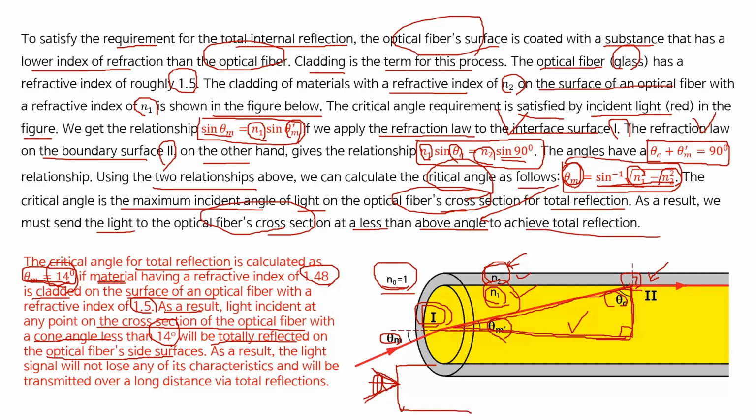So if we send the light from inside of this cone, then the light will be totally refracted from the surface of the optical fiber. As a result, the light signal will not lose any of its characteristics and will be transmitted over a long distance via total refractions.